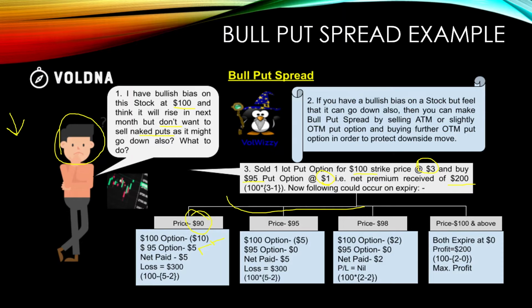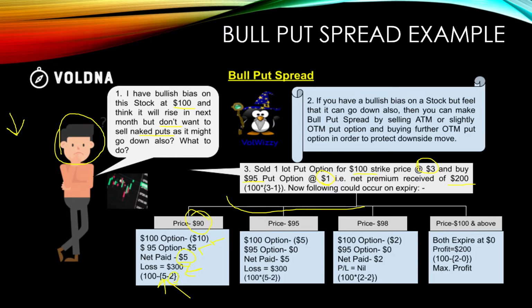So now he is liable to pay a net $5. So what would be his loss? He has to pay $5 per option and he sold it for $2 per option. So his net loss would be $300. $5 now required to be paid, and $2 earlier collected.